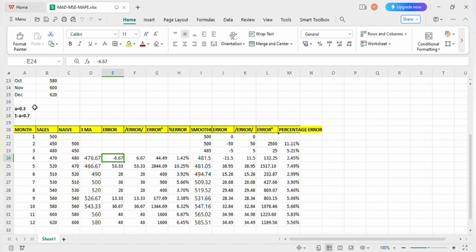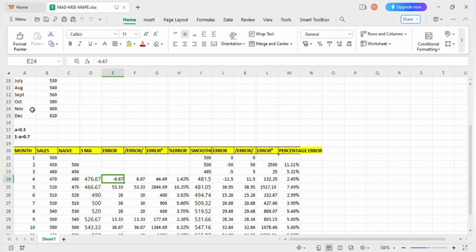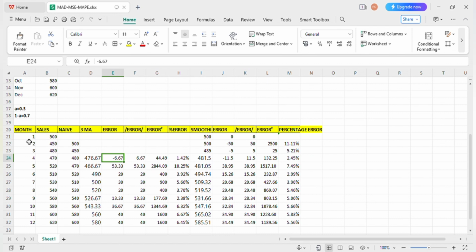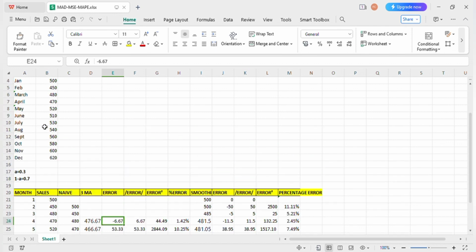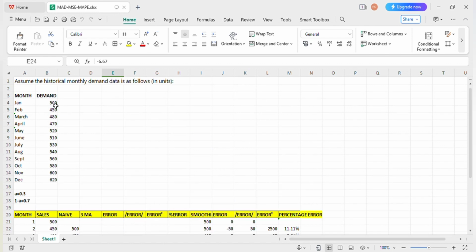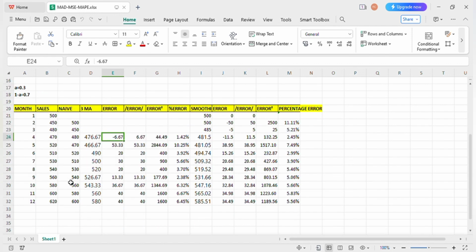We write a total of 12 periods, 1 to 12, and the actual sales is the demand that is already given. We have to find the naive, the three moving averages, the error, the absolute error, the error squared, and the percentage error.